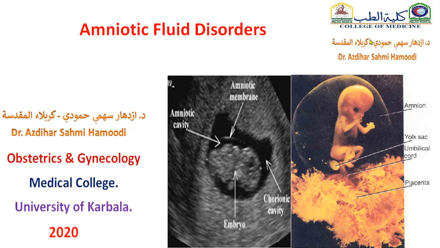It also helps the baby's lungs, digestive system, and musculoskeletal system to develop, so it is vital for healthy fetal development. However, if the amount of amniotic fluid inside the uterus is too little or too great, complications can occur. And these are the main topics of our lecture today.